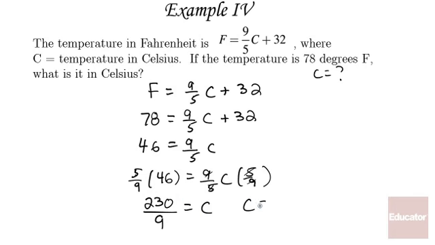So rewriting this, Celsius equals 230/9. That's not usually how we talk about temperature. So simplifying that, if I took 230 and divided it by 9, I'd get approximately 25.5 degrees Celsius. So again, the formula for converting Fahrenheit into Celsius, or vice versa, is given. I substituted in 78 degrees and figured this out. So 78 degrees would be equal to approximately 25.5 degrees Celsius.